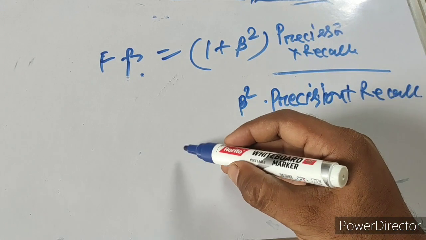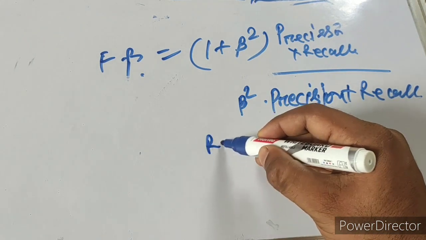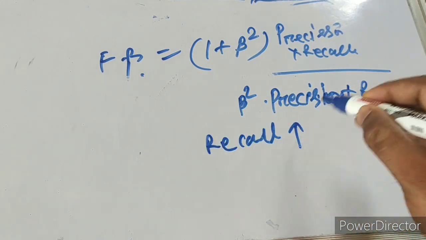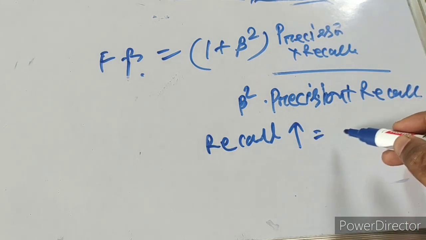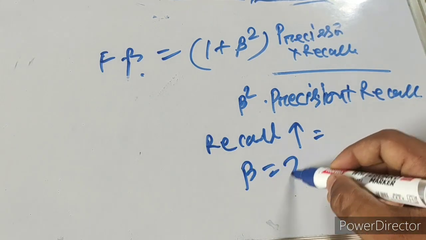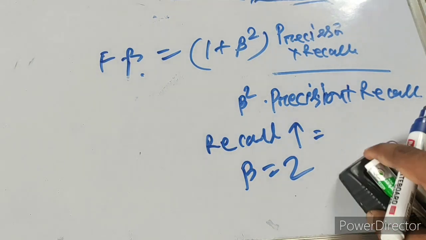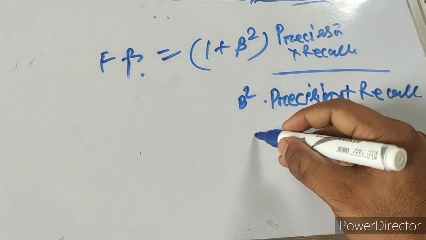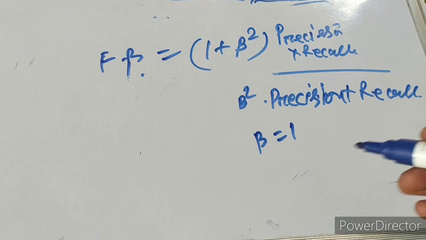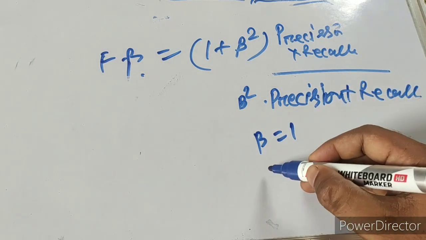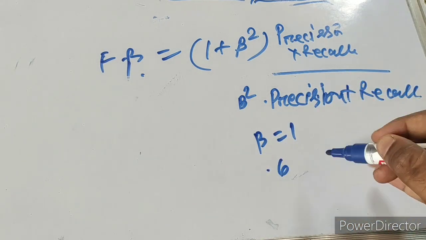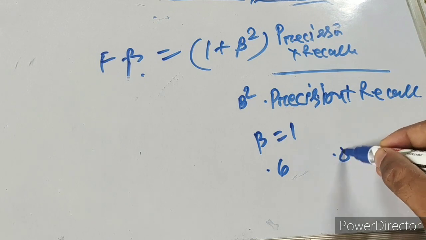Similarly, if we are giving more weightage to recall, suppose recall weightage is more, we can give beta equal to 2. If we put beta equal to 2 and find the model where recall is higher, that model can be selected. And as I have told, if beta value is 1, suppose one model gives 0.6 and another model gives 0.8.